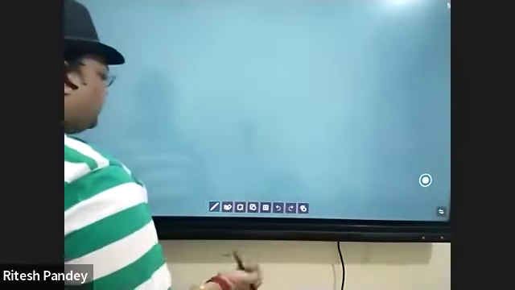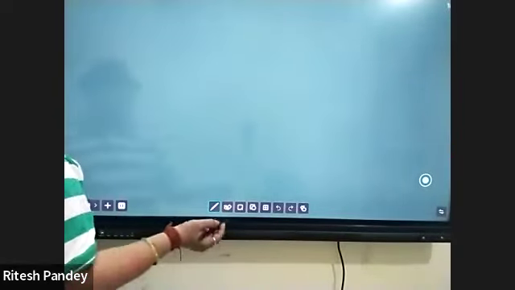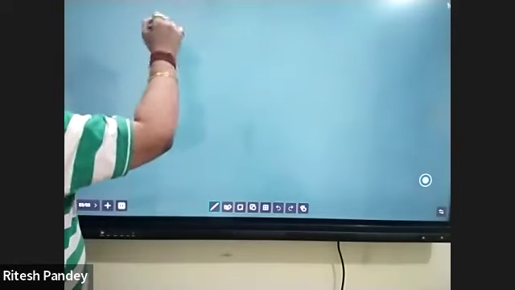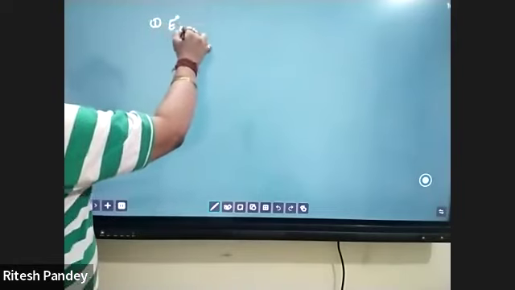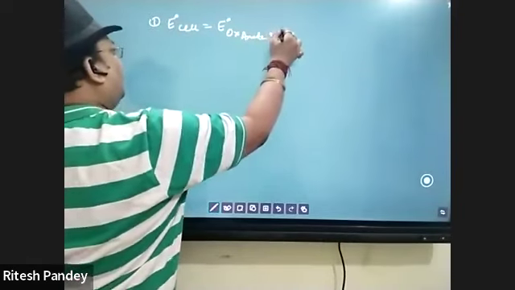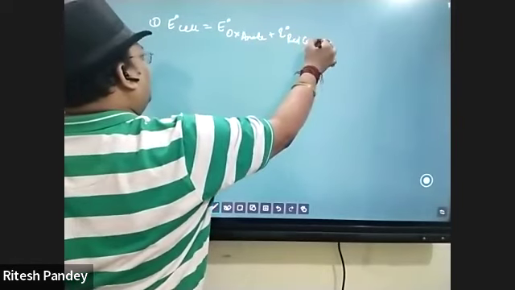Now the second portion of conductance, the second portion of electrochemistry, is naturally the Nernst equation and the laws. So very quickly, E naught cell is equal to E naught oxidation potential of anode plus E naught reduction potential of cathode.